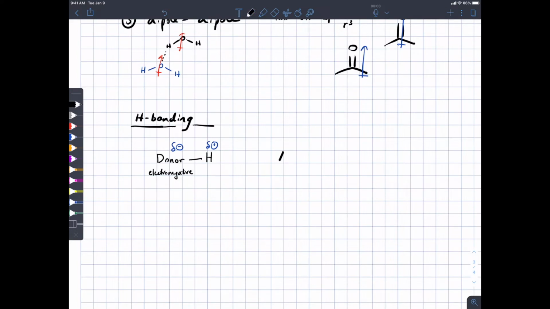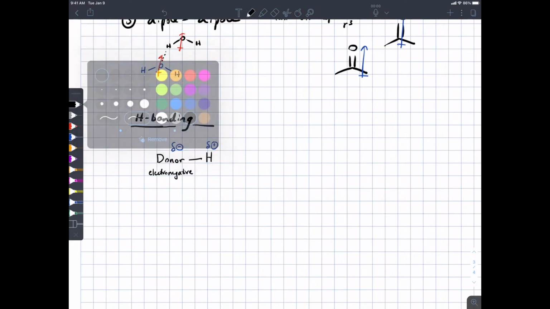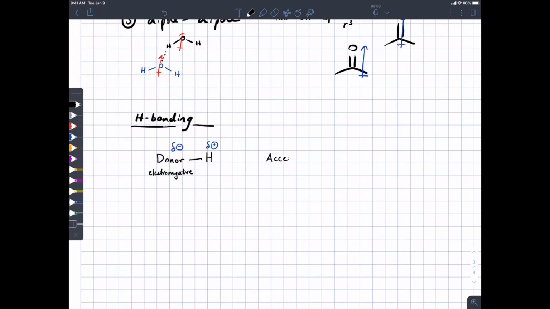And then you have an acceptor, and the acceptor is also usually electronegative. Usually it has lone pairs on a heteroatom. Usually it has a partial negative charge.